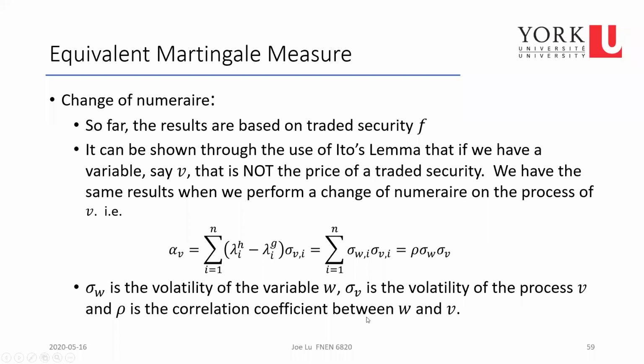So we claim that even if the variable we're looking at is not a price, it follows the same form for us to change the drift, to change from one numeraire to another numeraire.